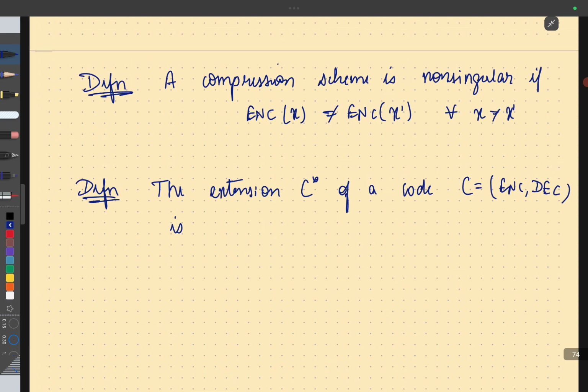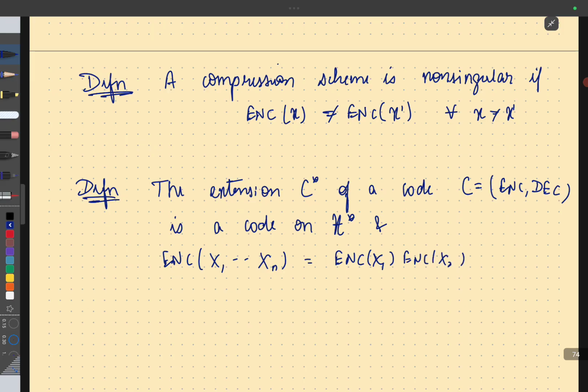It is x star, and the encoding of x1 through xn is just the concatenation of the individual encodings. So this just refers to symbol-wise encoding.